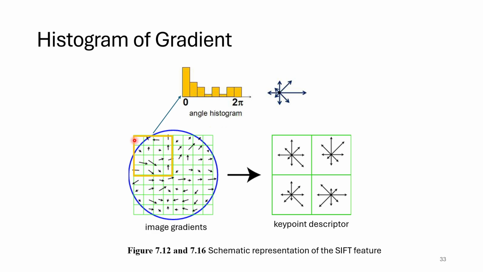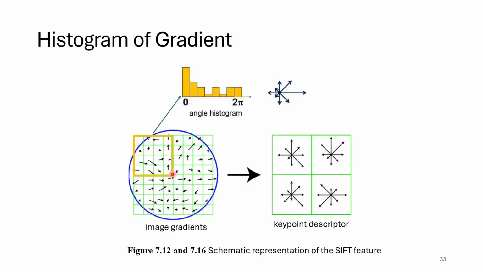They can extract the gradients from those 64 pixels and create an angle histogram. Suppose they only use 8 different directions. Then they will accumulate the intensity, the magnitude of those gradients. So they will generate one, and for every 4 by 4 region, they can create a histogram of gradients. Then it will become a descriptor or feature vector for a location.